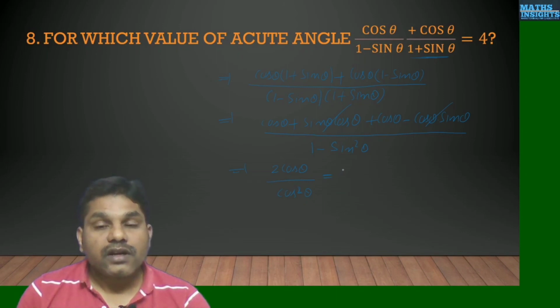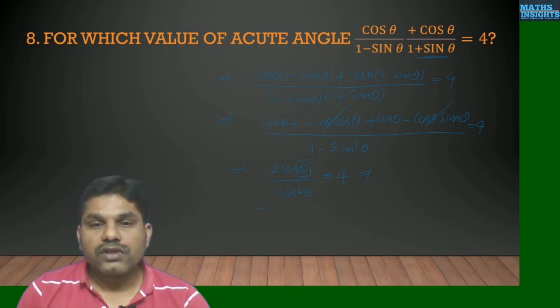This expression equals 4, as they are saying. Then you have to find the value of theta. You may write 4 here also. You can cancel cos theta and cos theta here, but in trigonometry you should not cancel that, because you will lose one solution.